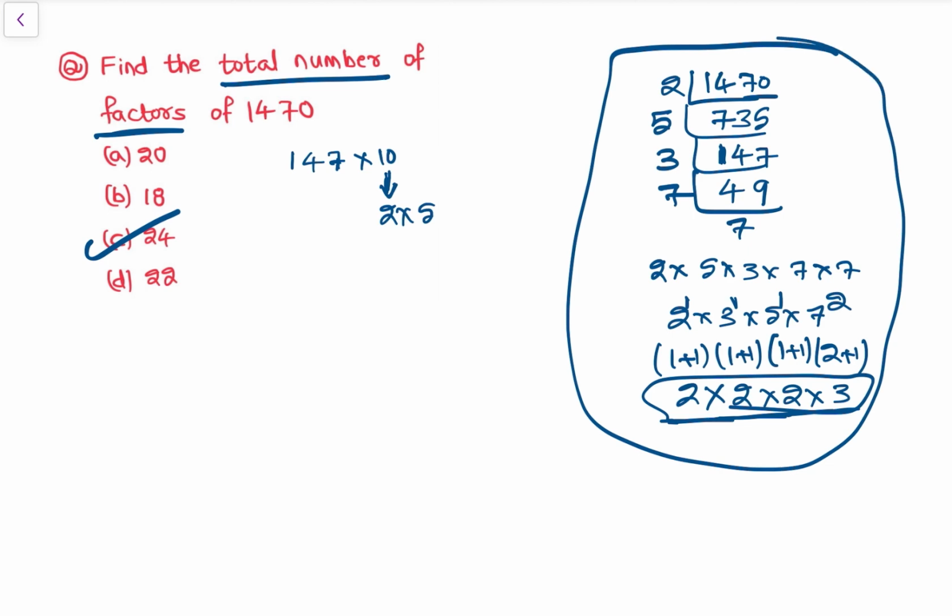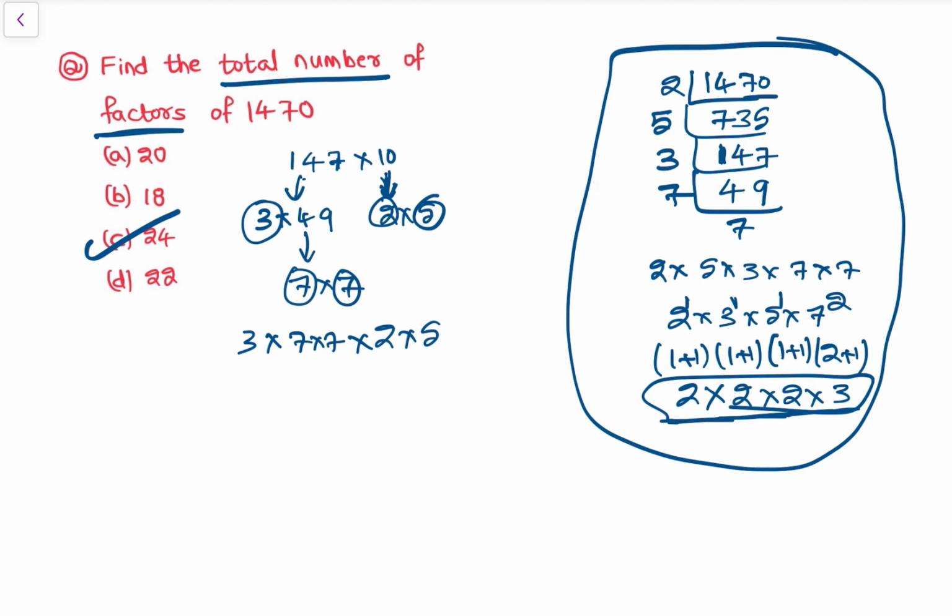Then another method is, ye 10 kar liya, so 2 into 5 prime numbers mein aa gaya, then 147 can be written as 3 into 49 and 49 can be written as 7 into 7, these are prime numbers. So again it would be prime number 3 into 7 into 7 into 2 into 5, so that is 2 into 3 into 5 into 7 square, theek hai.